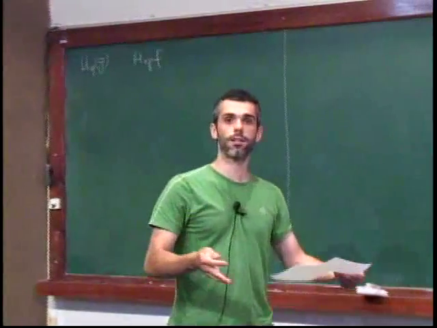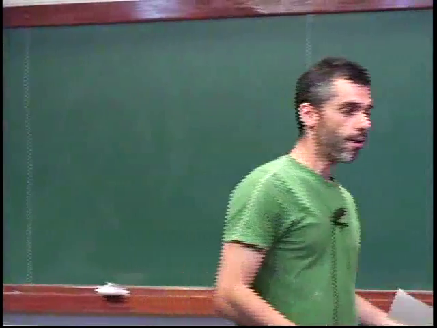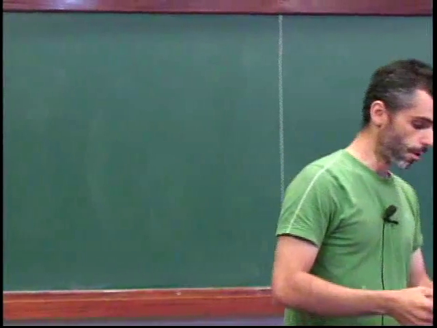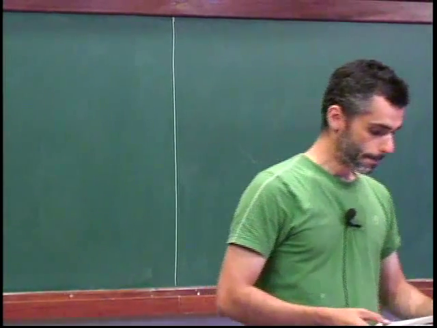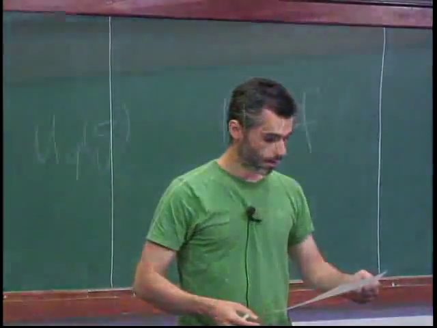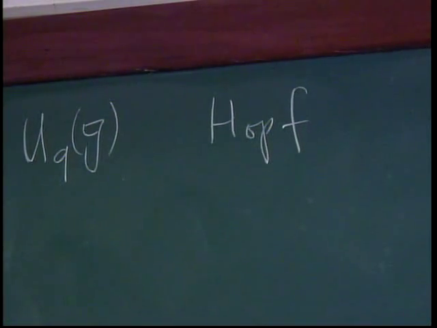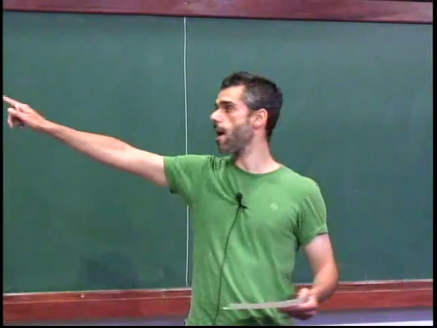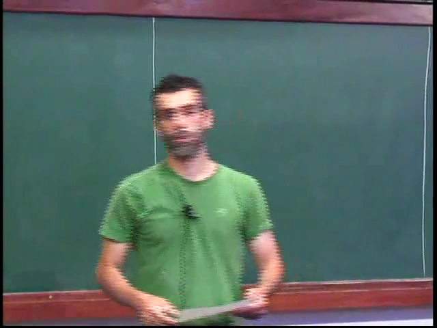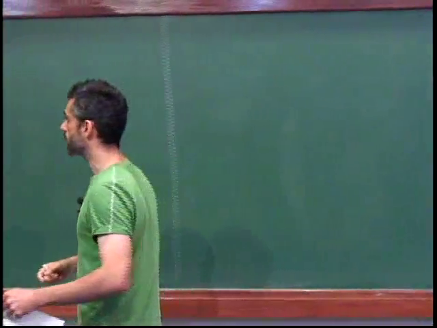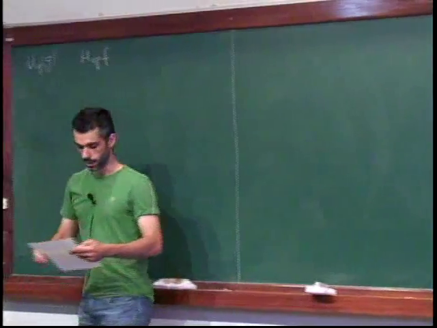You have a few weird things with Weil modules that are no longer irreducible. But we actually need to understand a little bit better the structure that exists for generic Q before we can go on and analyze what happens when Q is a root of unity.